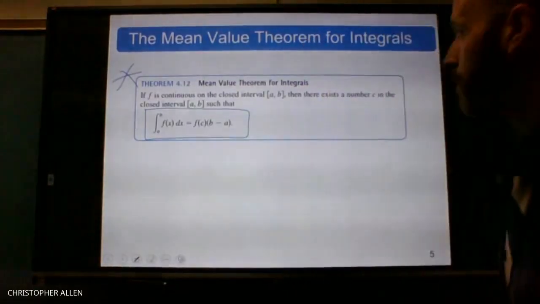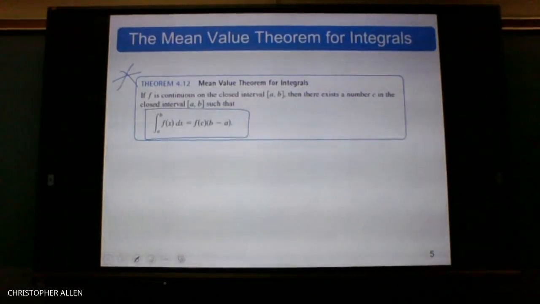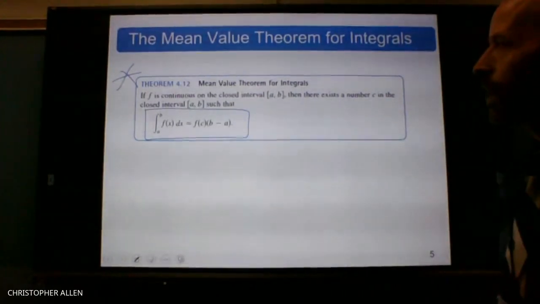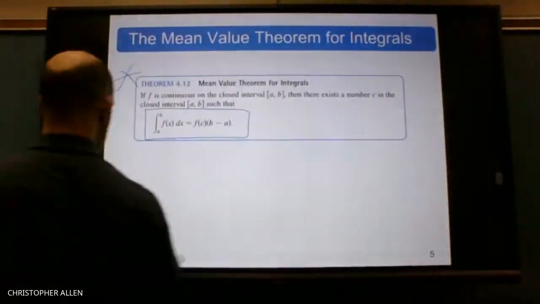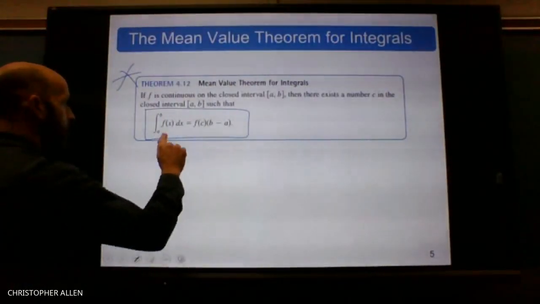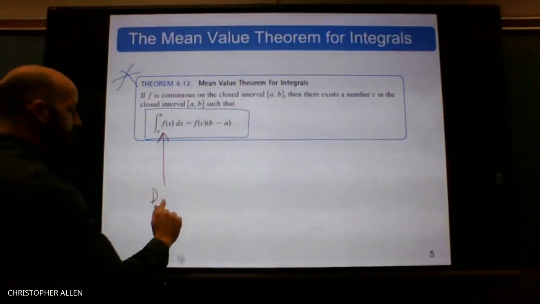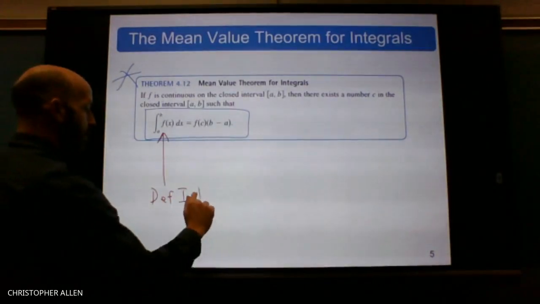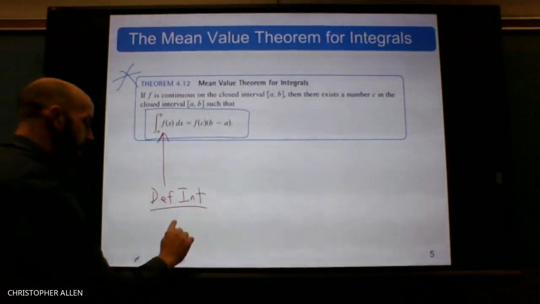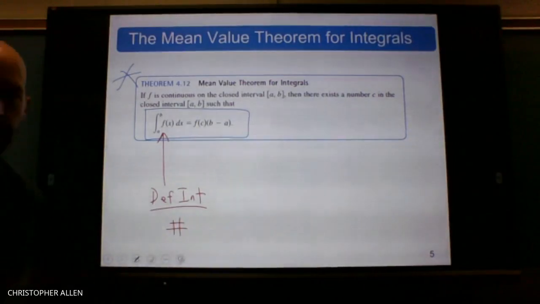All right. So this slide is an important slide. This is MVT for integrals, and here's what it says. On the left-hand side, you've got the definite integral. And by the way, when you evaluate a definite integral, you're going to get a numeric answer like 10.